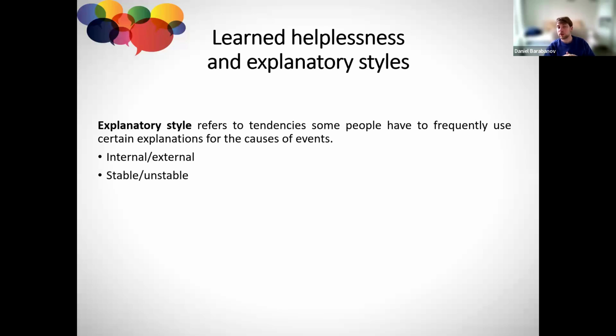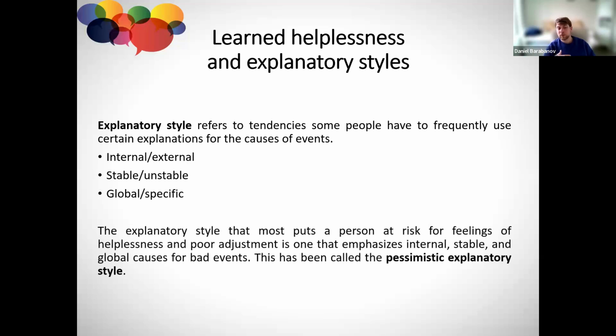For example, a traffic jam can be just that today I wasn't lucky enough, but on another day everything would be different. Or it's stable. For example, a personality characteristic, I'm not very responsible, is a more stable characteristic, right? It's hard to change. And finally, global or specific, right? Does this cause influence many situations, or only that specific situation, only this time, this day?